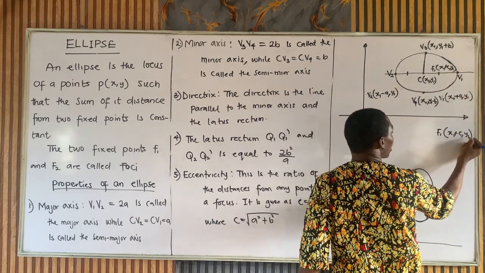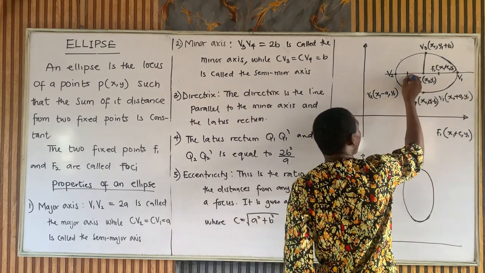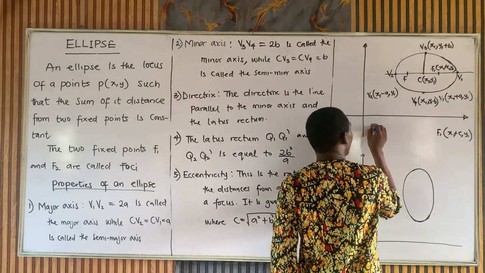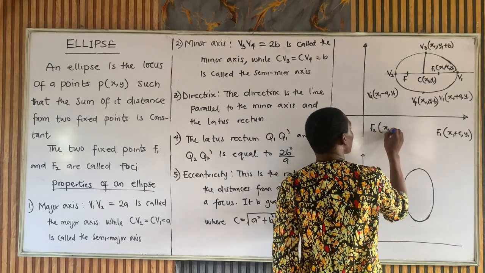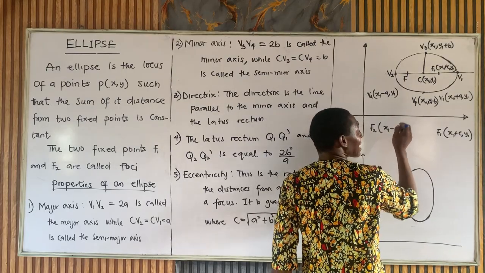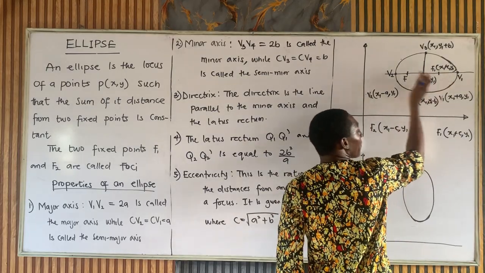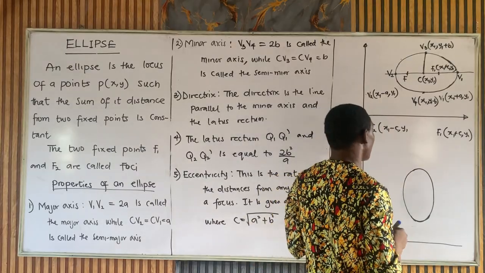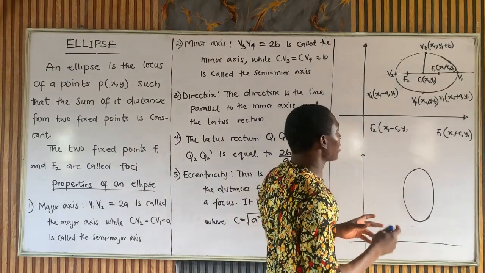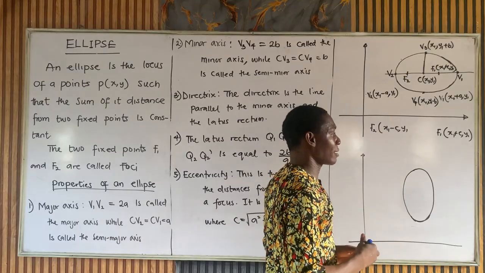So X1 plus C, comma Y1. Why our F2, the second focus, is X1 minus C, comma Y1. That's simply because the distance from here to here is C, but we are going backward, so we subtract. This is my F2.